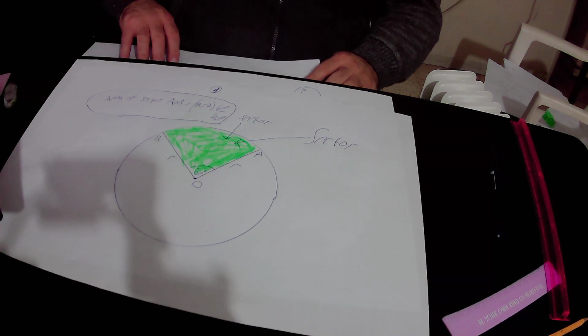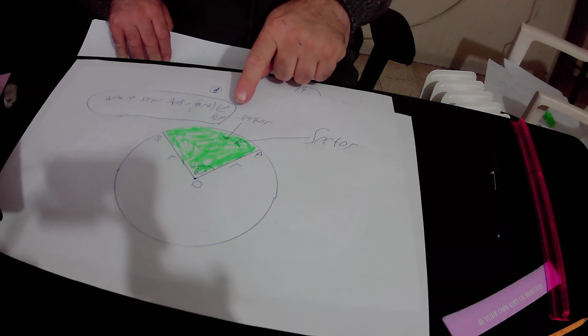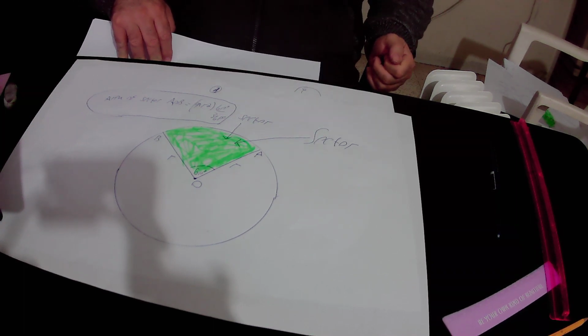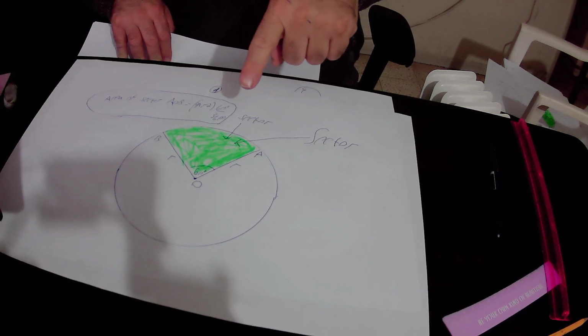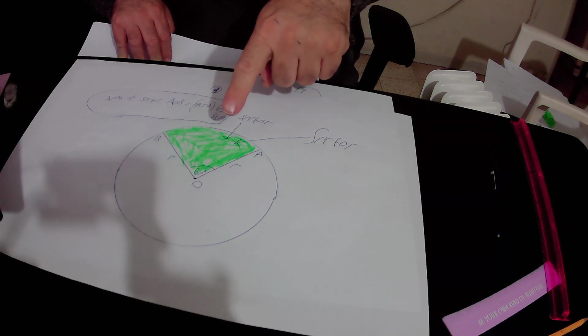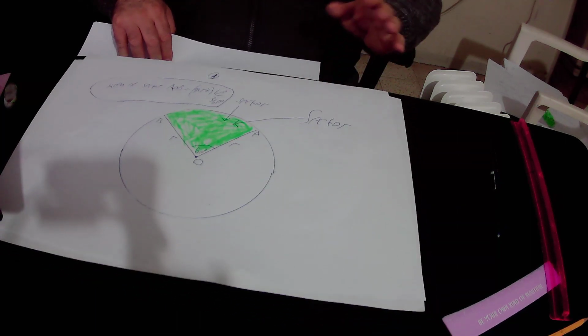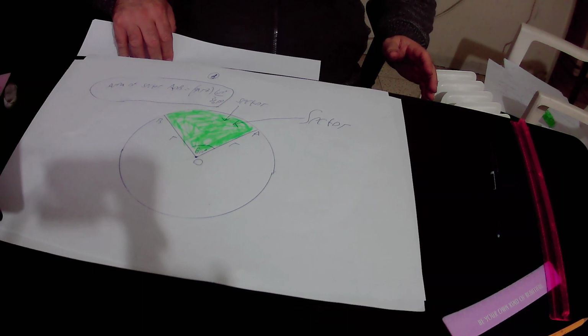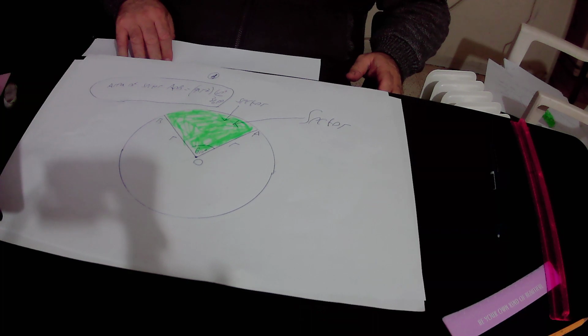The area of sector AOB equals pi r squared times 60 degrees over 360 degrees. The r is the radius of the circle, and 60 degrees is the angle between those two radii. The angle between those two radii is not necessarily 60 degrees; it could be any angle between 0 and 360 degrees.